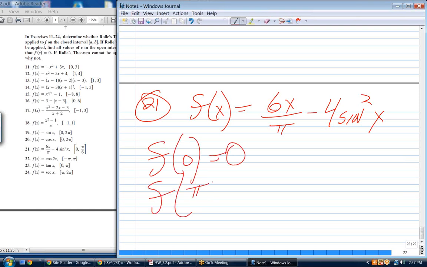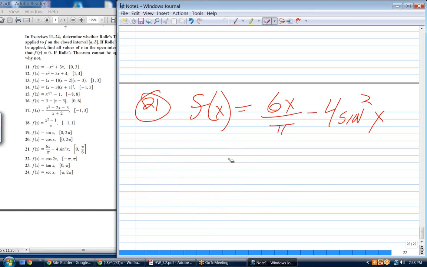F of pi over 6, that clearly is going to be equal to 0 also. That's 6 times 1/2 squared, which is 1/4, so let's see. Yeah, it's 1 minus 1. So that's equal to 0 also.